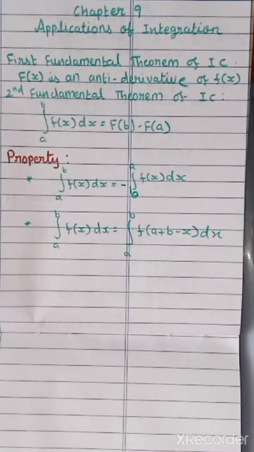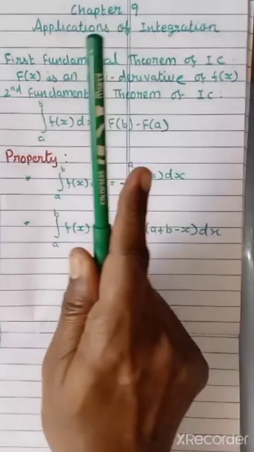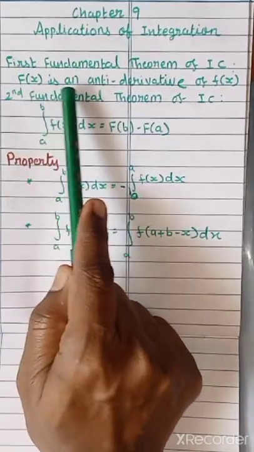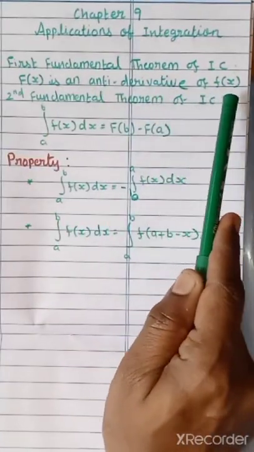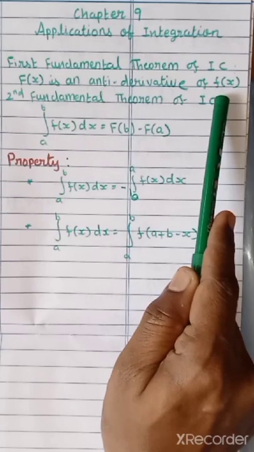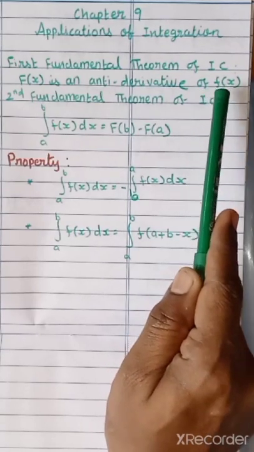How can we say it in a simple manner? Capital F of x is an antiderivative of small f of x. This is your first fundamental theorem of integral calculus.